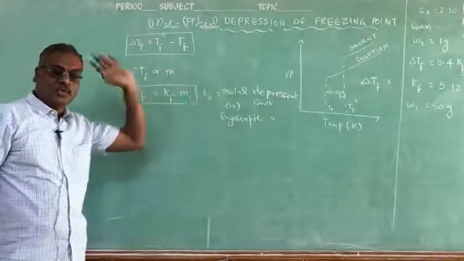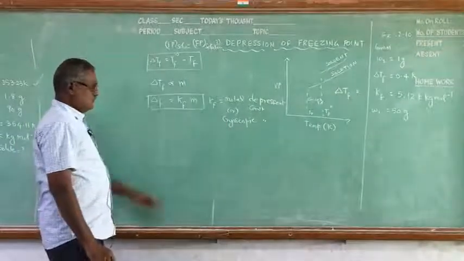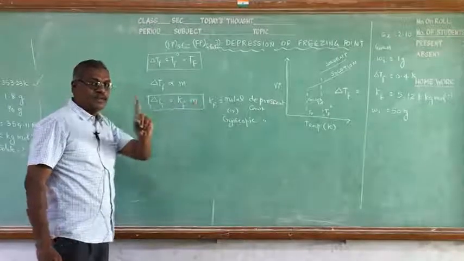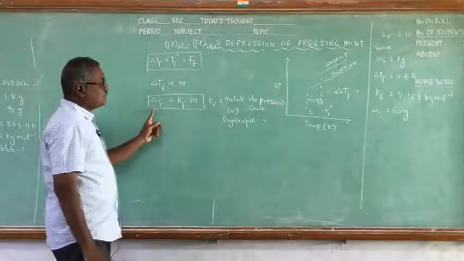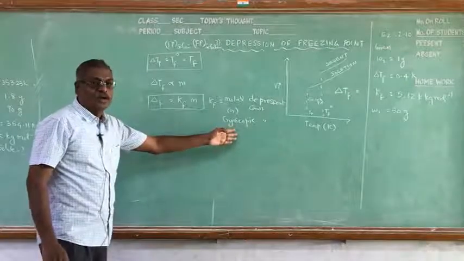There we studied the ebullioscopic constant, here the cryoscopic constant. Now, what is cryoscopic constant? For a 1 molal solution, the depression in freezing point is called the cryoscopic constant.